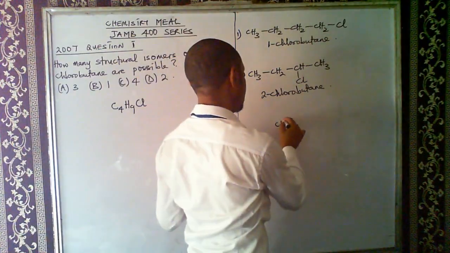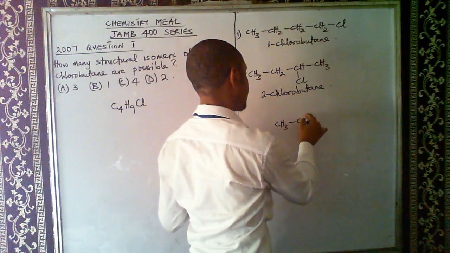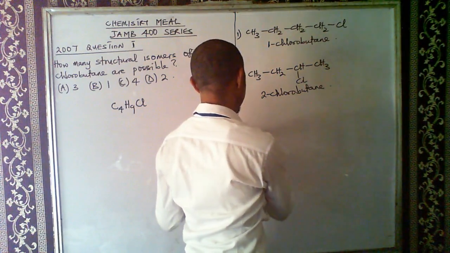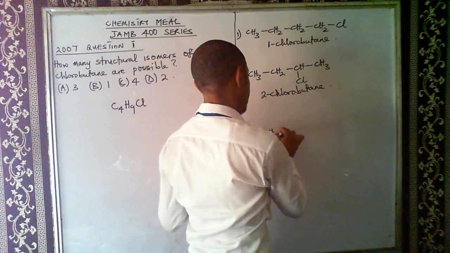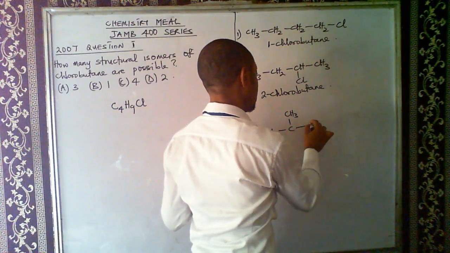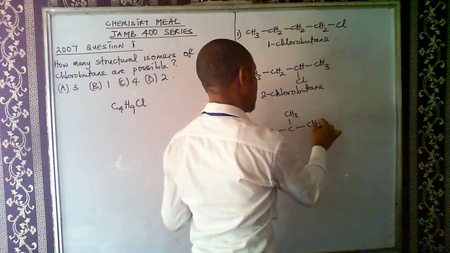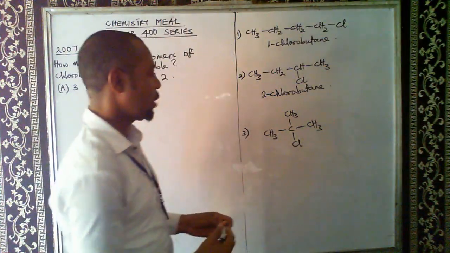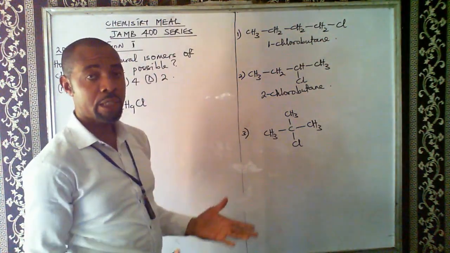If I reduce this to 3 carbon, to get my third isomer now, CH3, to C, to CH3, to CH3, to Cl.